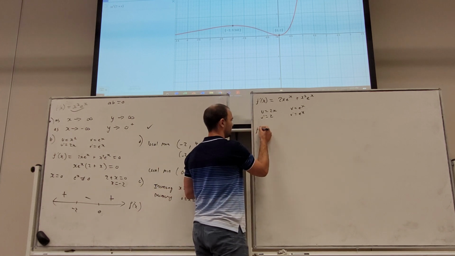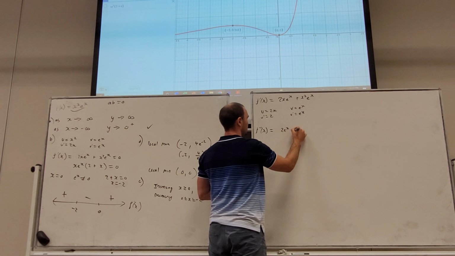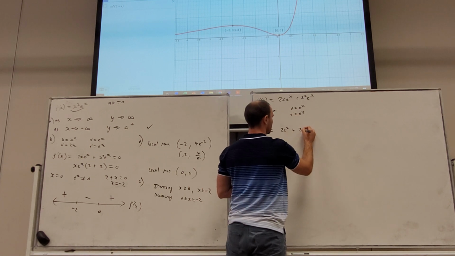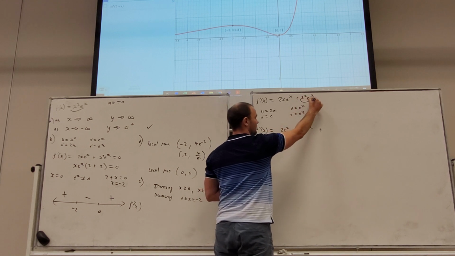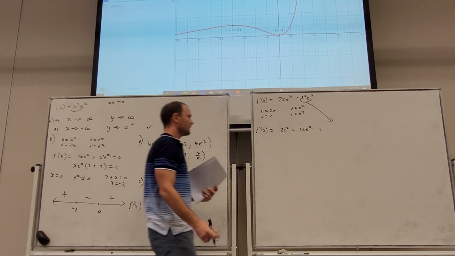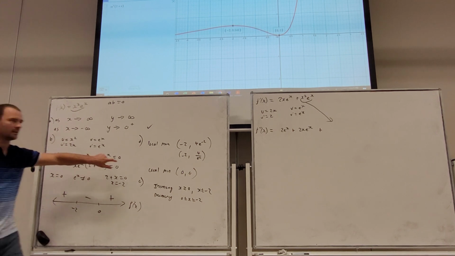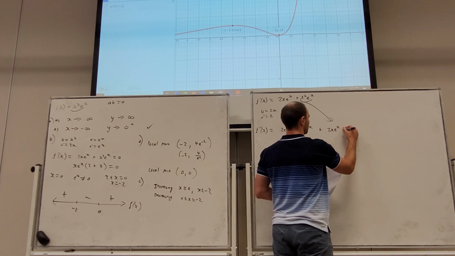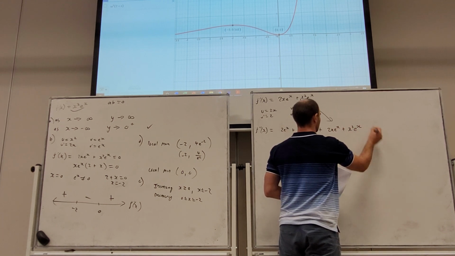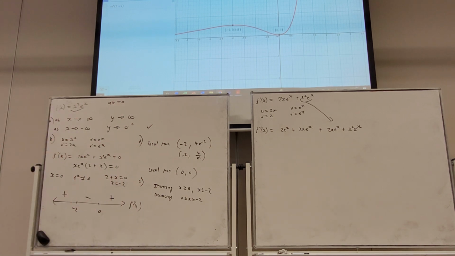So the second derivative then is going to be u dash v plus u v dash, plus the derivative of this. I know that the derivative of this is 2x e to the x plus x squared e to the x. That's the equation of the second derivative. Any questions about that so far?